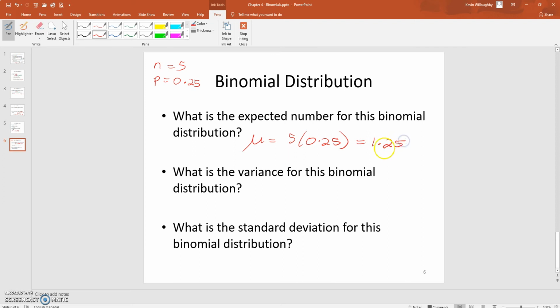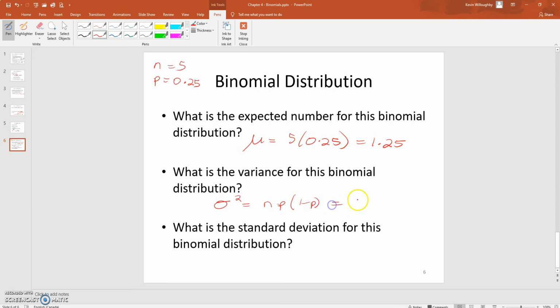Say you and all your friends were to do this quiz, and you didn't know any of the questions, and you just had to indicate A, B, C, or D for each question. The average from all your friends would be 1.25 out of 5, or 25%. The variance of this binomial distribution is n times p times 1 minus p.